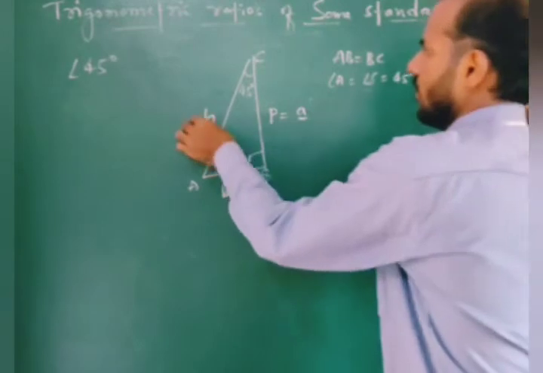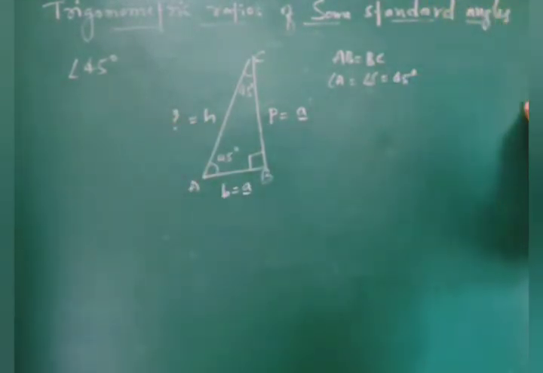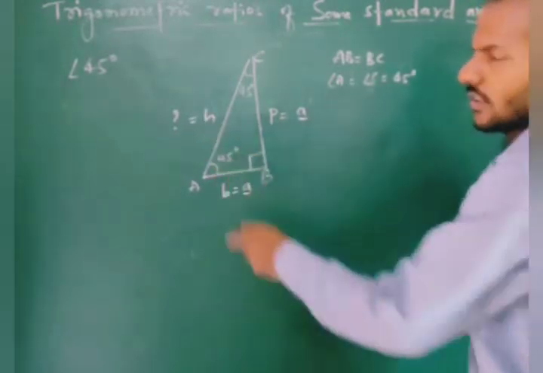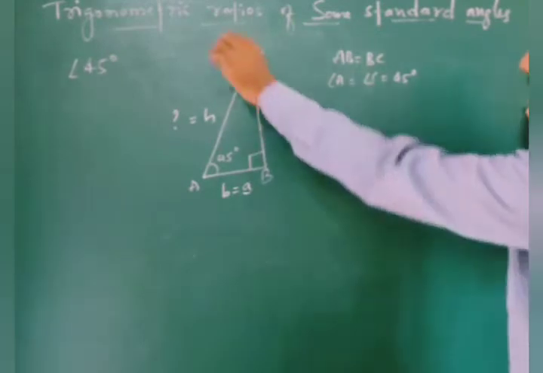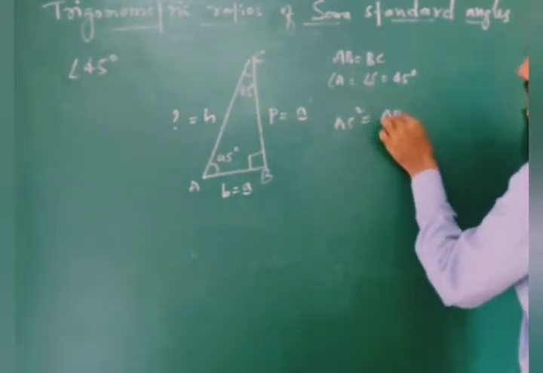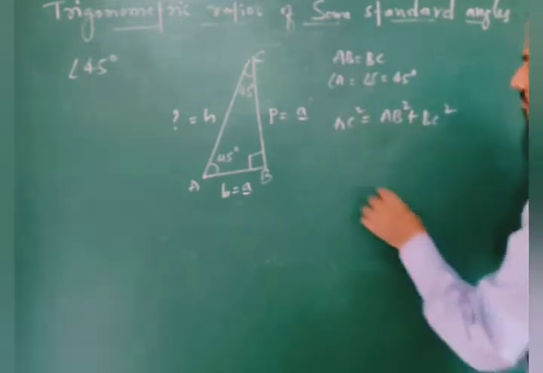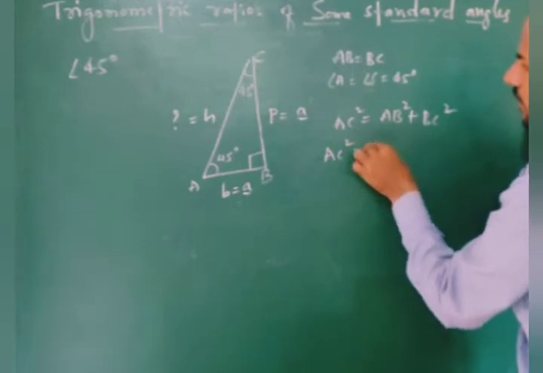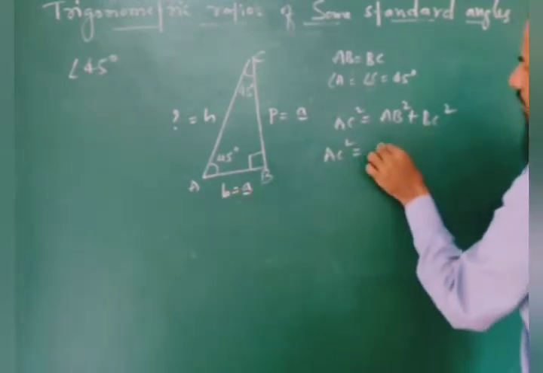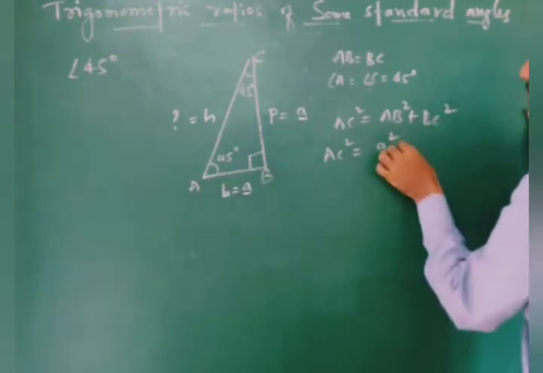Now we have to find the value of h by using Pythagoras theorem. We have to find the third side: AC square equals AB square plus BC square. AB square value is a square.